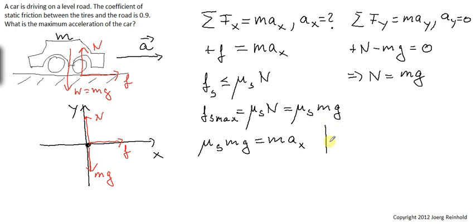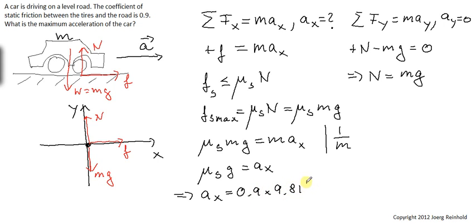I can multiply this left and right by 1 over m, and what I get then is μs times g equals a_x. I can now calculate what it is. a_x, which is the maximum acceleration, is then 0.9 times 9.81 meters per second squared.